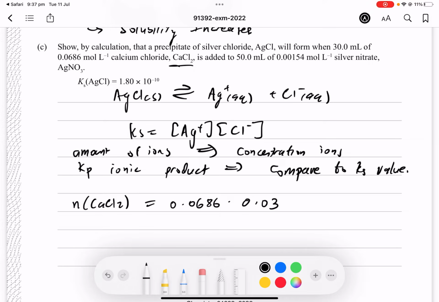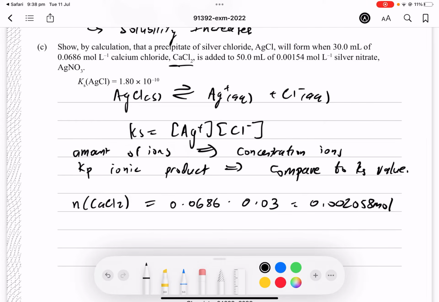Okay, so we have 0.0686 times 0.03. That's going to give us 0.002058 mole. And we want to find the concentration of Cl- ions.